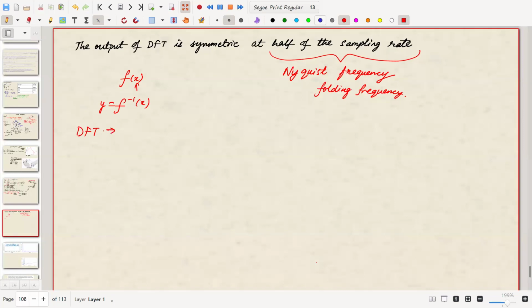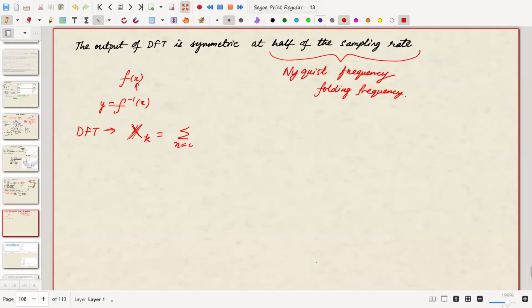Can you tell me from your notebooks, what is DFT? We had Xk. What is Xk? Xk is nothing but the sum.